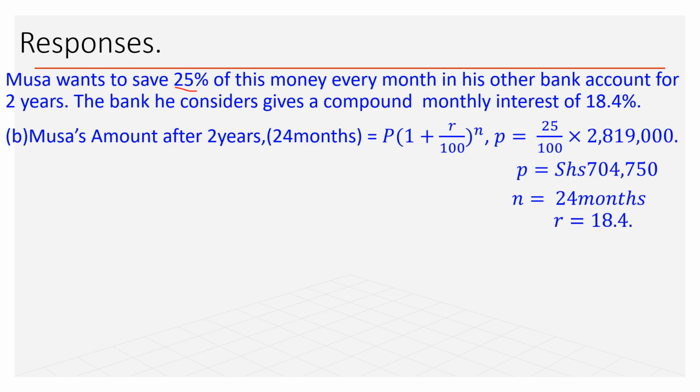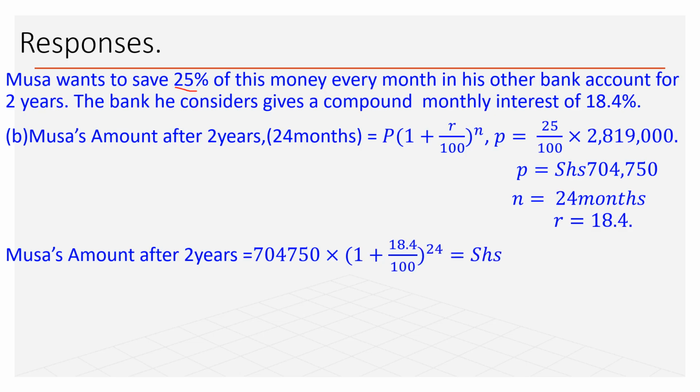Then the interest rate is 18.4%. We need to substitute in our formula. That will be the principal times 1 plus the interest rate out of 100, to the power of the number of months, and that will give us 40,595,317.445 shillings. So that will be the money Musa will have after 2 years.